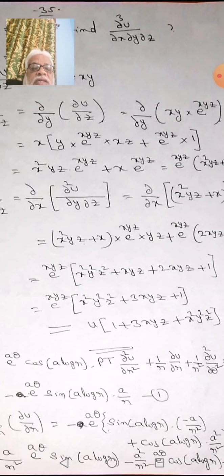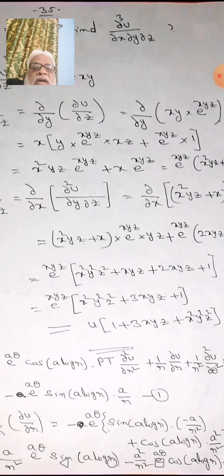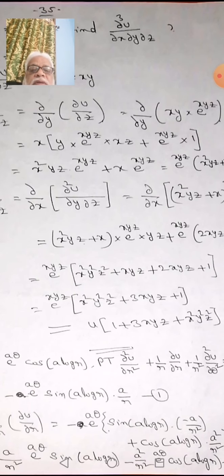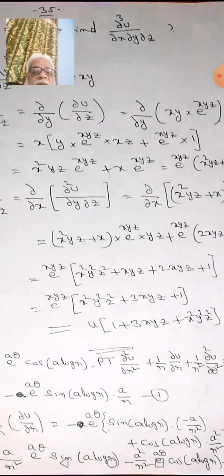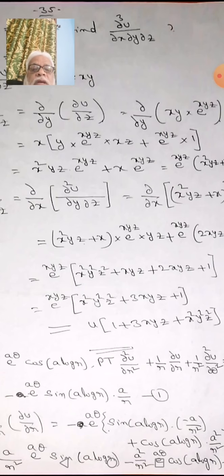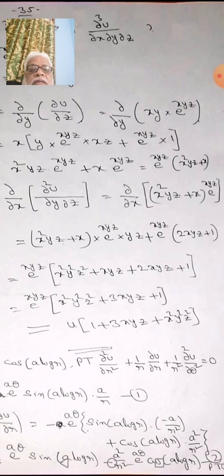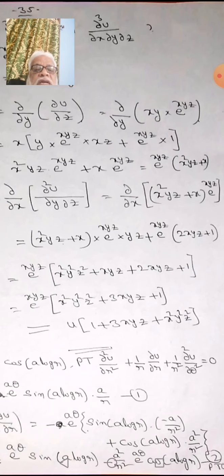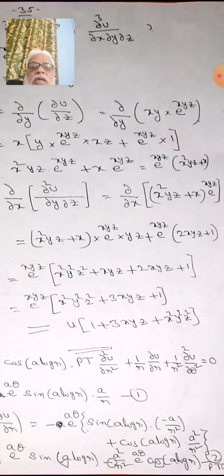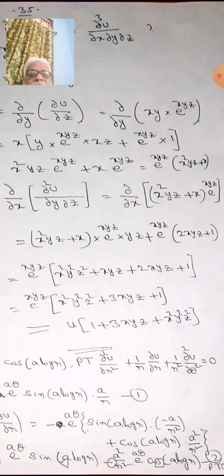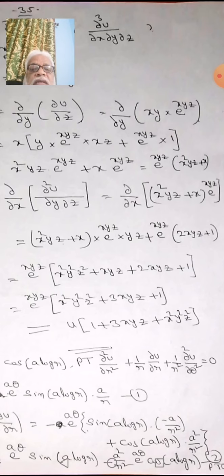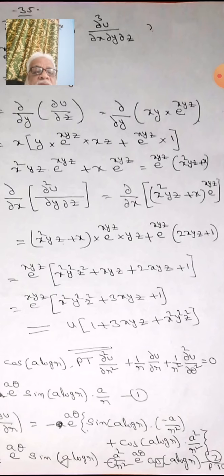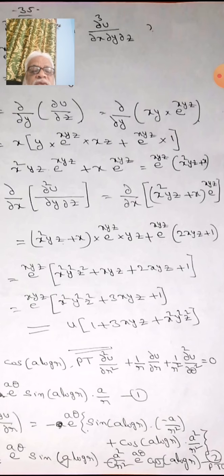First function is sin of a log r, into the derivative of the second function, a by r, which is minus a by r square, plus a by r as it is times the derivative of sin a log r, which is cos a log r into the internal derivative a by r. That gives a square by r square.